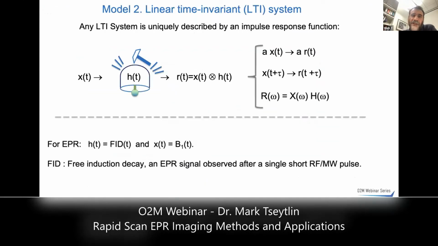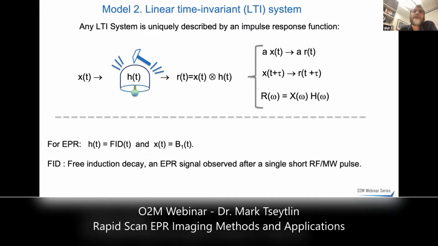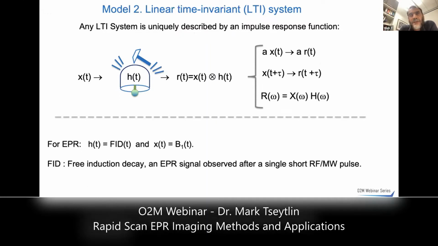So a little bit about this system. What is it? This modeling you can find in many branches of natural sciences, engineering, spectroscopy, astronomy, when a system is approximated as linear, for example filters.